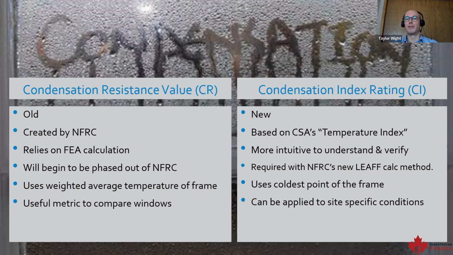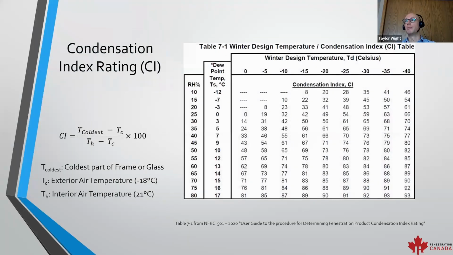The added benefit, aside from it being simpler to understand, is that it can be applied to all different site conditions. Once you have your CI value, you can pull up this table and use your site-specific conditions.